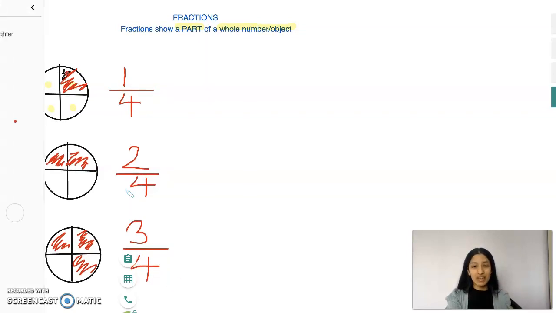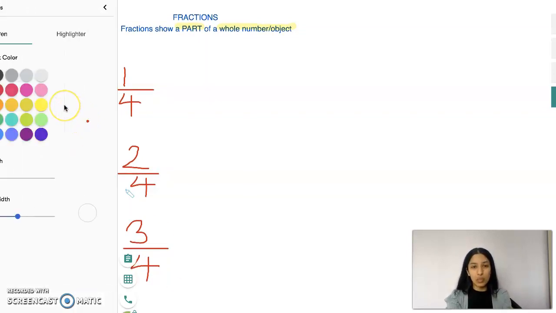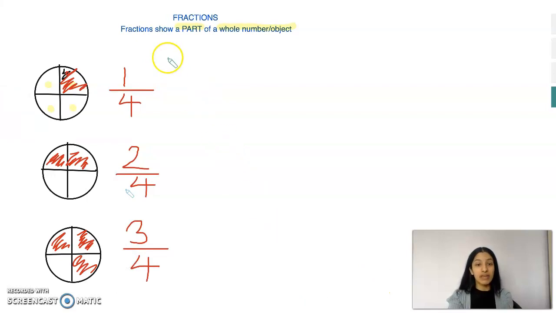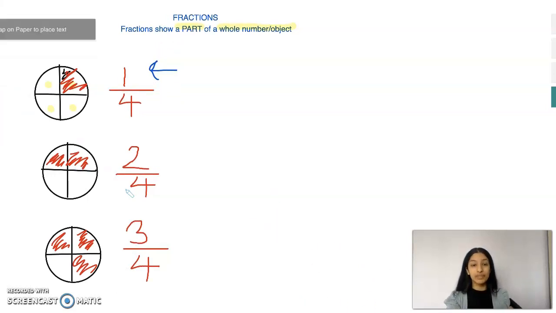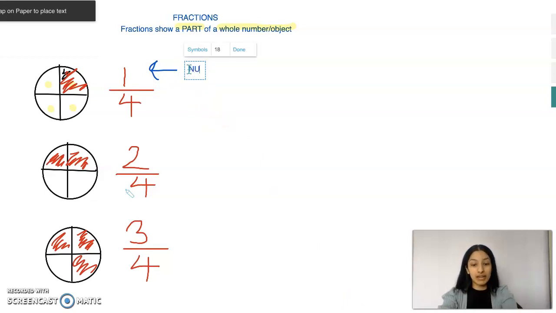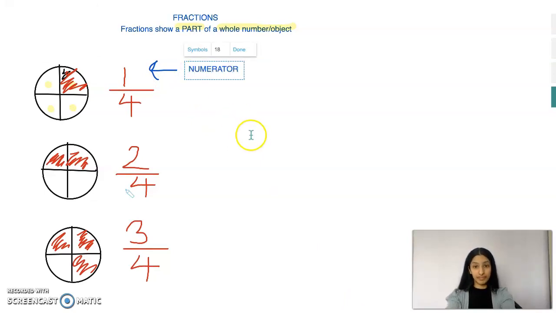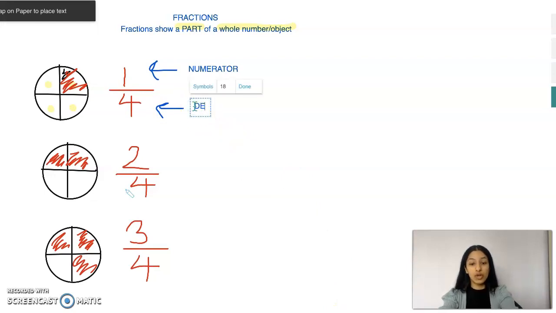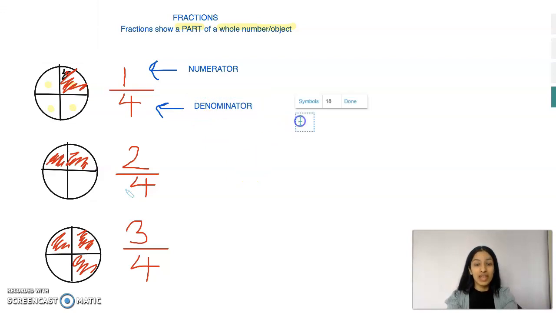Now let's look at the layout of the fraction and why we write it like we do. So this number over here at the top is in fact called the numerator. And the bottom number over here, the number 4, is in fact called the denominator, like so.